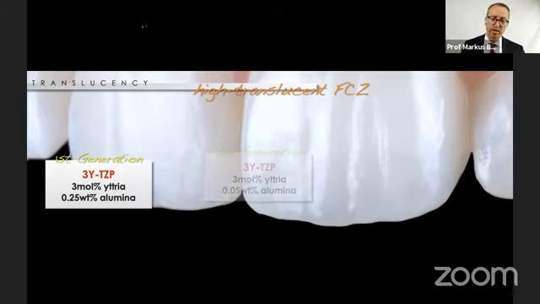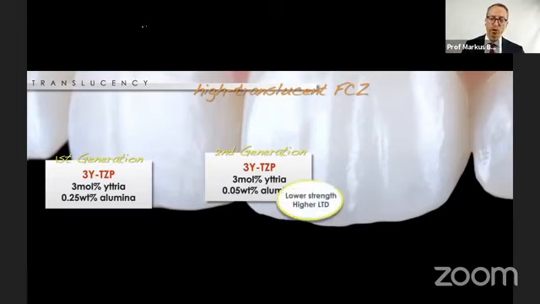This is why, in the second generation, the alumina content was changed. The material was slightly weaker, though. Also, with this second generation's lower alumina content, we had a higher degree of a phenomenon called low temperature surface degradation.